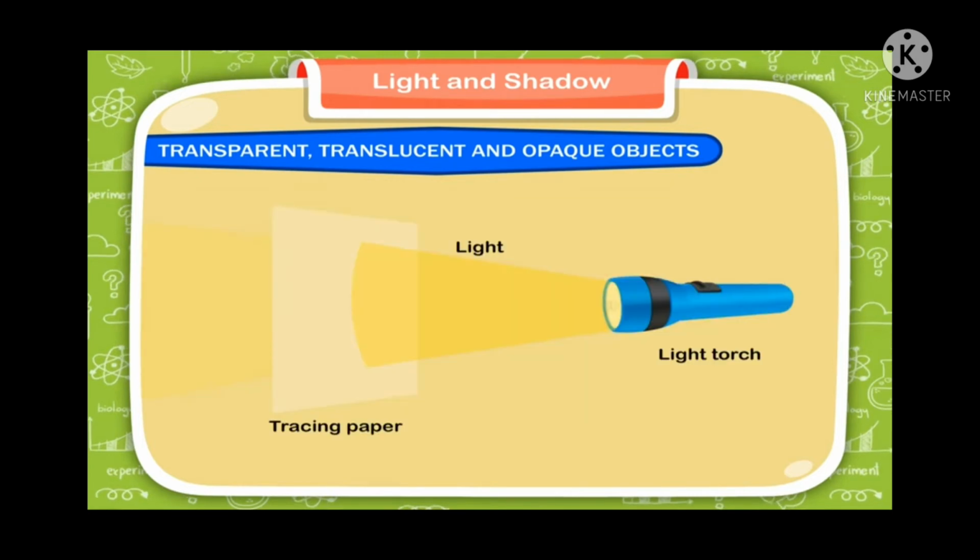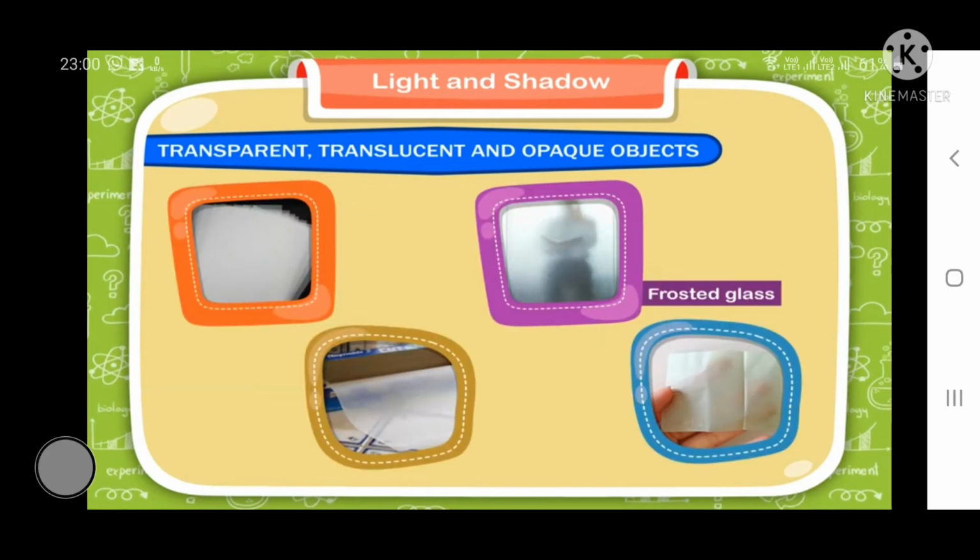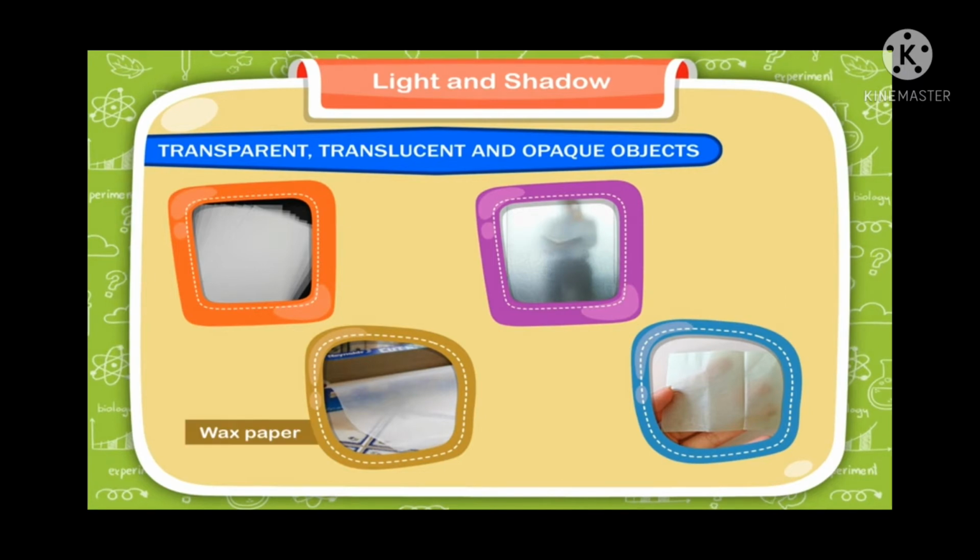The objects that allow only a part of light to pass through them are called translucent objects. For example, tracing paper, frosted glass, wax paper, and oil paper are translucent objects.